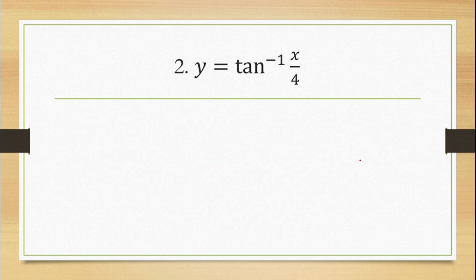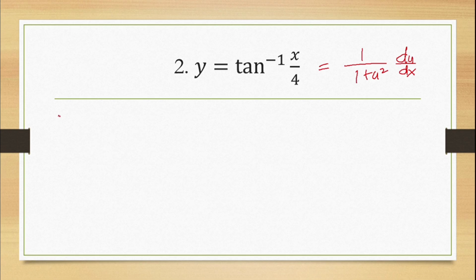Okay, let's proceed with number 2. y is equal to inverse tangent of x over 4. So see, we have here the formula for inverse tangent, which is 1 over 1 plus u squared times du over dx. So this is the formula.